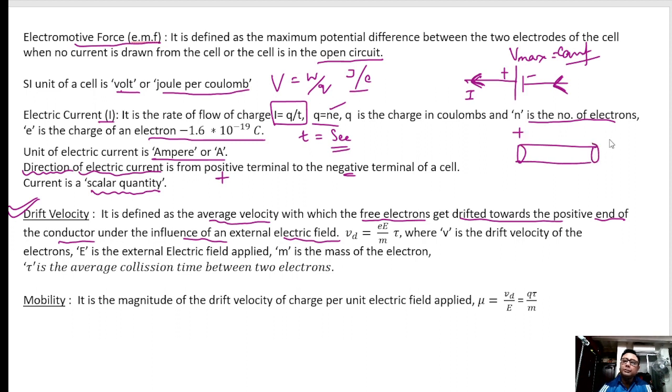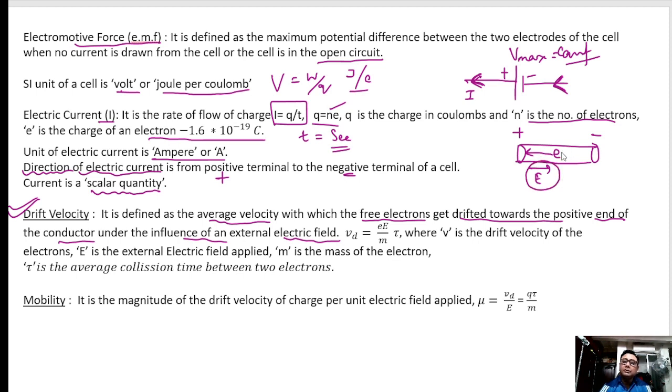This is the positive terminal of the conductor, the negative terminal. Now this is the electric field.